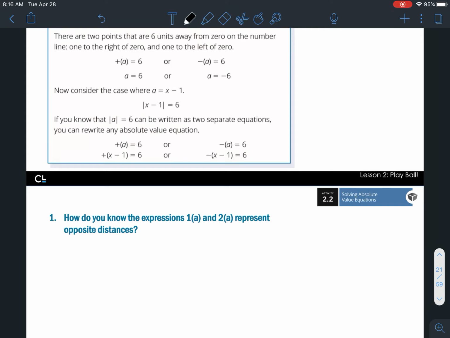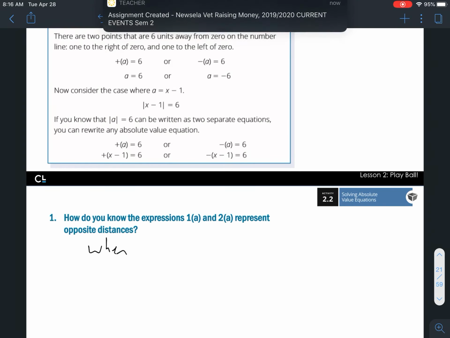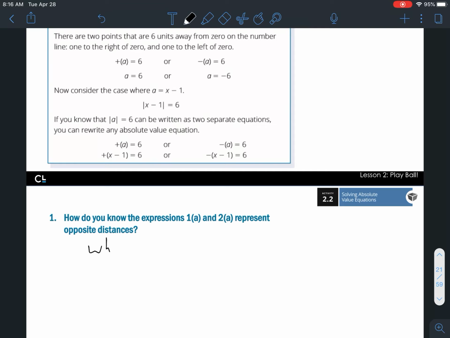What we can say is that when we add positive A and negative A, we get 0. So when we add those together, that comes out to be 0, we are good. If it does not, then we have an issue. Okay.